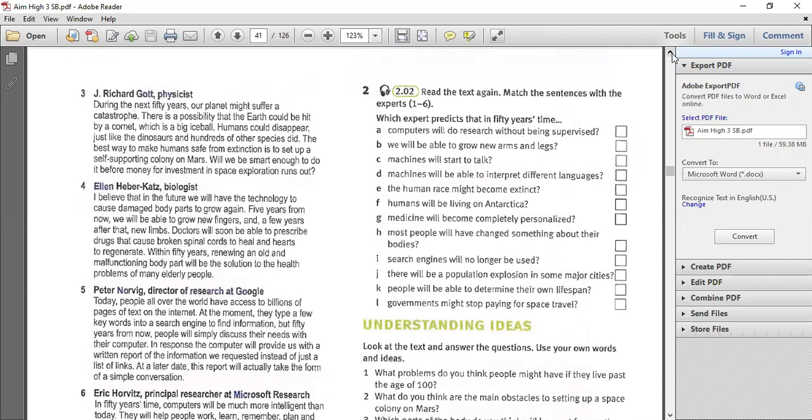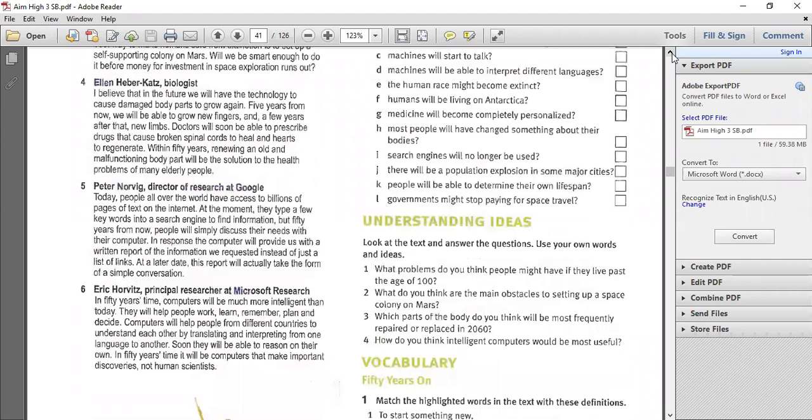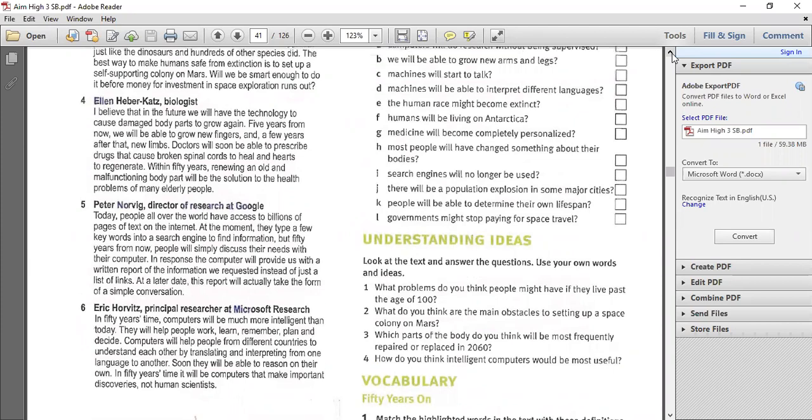Number 5 or 6? 6, Yusuf. Say 6. So 6 talks about the research, not 5. And the next one: we will be able to grow new arms and legs. 4. Okay, 4.